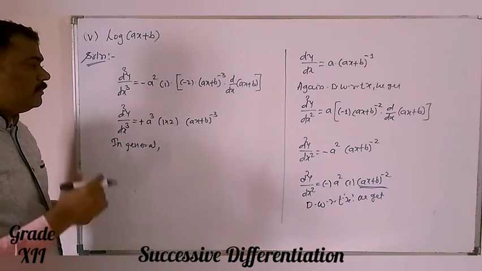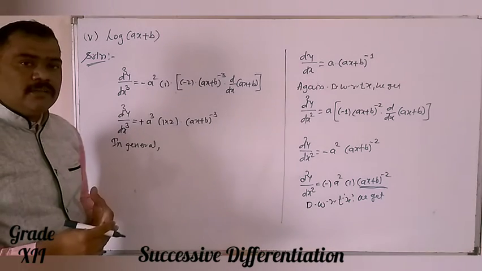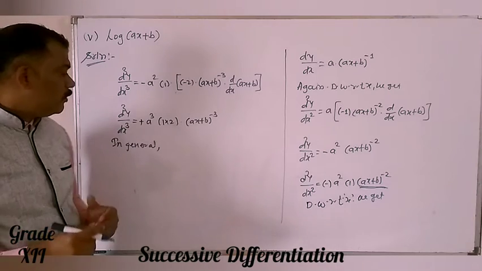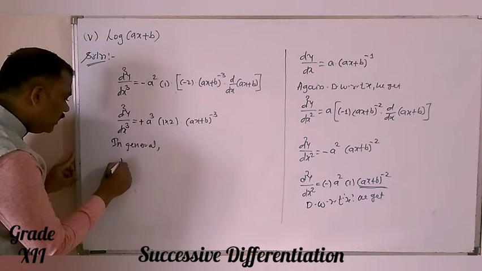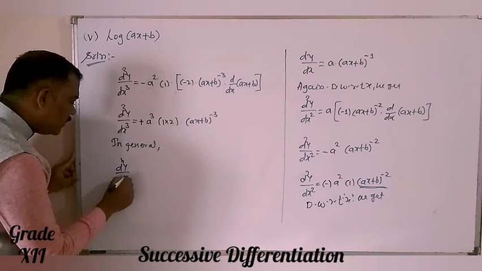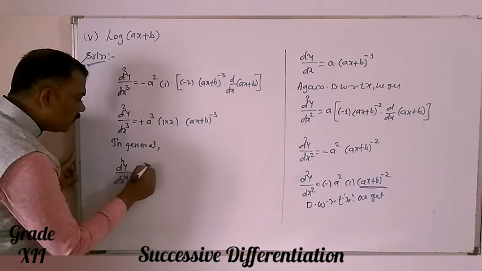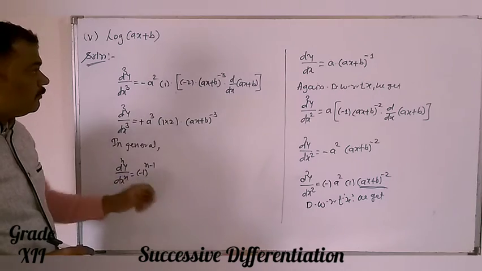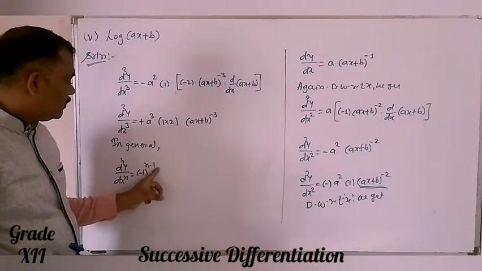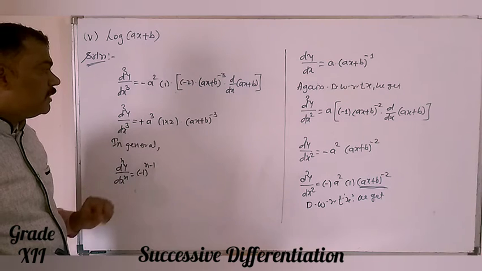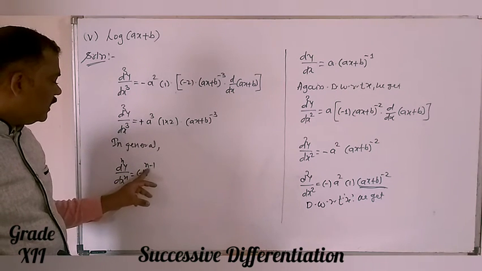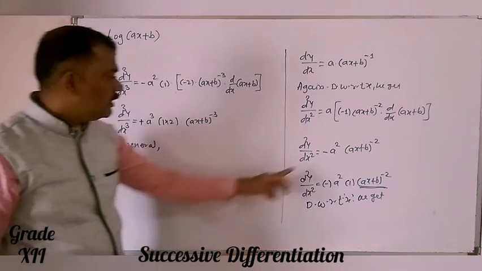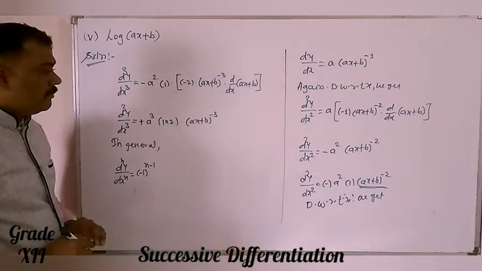Means if we take the even order derivative, the sign is negative, and for the odd order derivative the sign is positive, so that we can write dny by dx raised to n is equal to minus 1 raised to n minus 1. If you take n is equal to 1, 1 minus 1 is 0, minus 1 raised to 0 is nothing but 1. If you take n is equal to 2, 2 minus 1 is nothing but 1, so that minus 1 raised to 1 is nothing but minus, so that we get the minus sign.